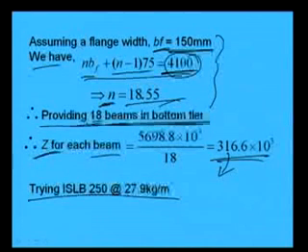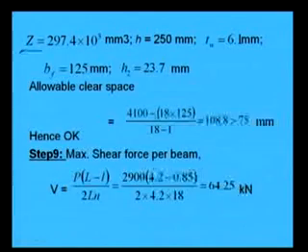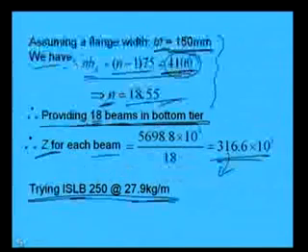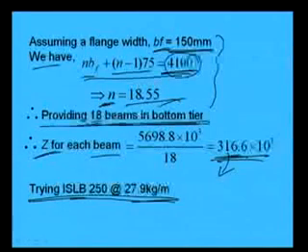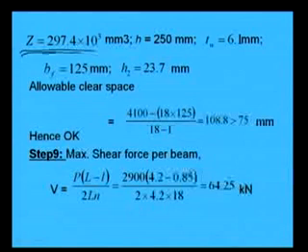So we can try ISLB 250 at 27.9 kg per meter. Z provided is 297, we need Z required as 316, very close to that.